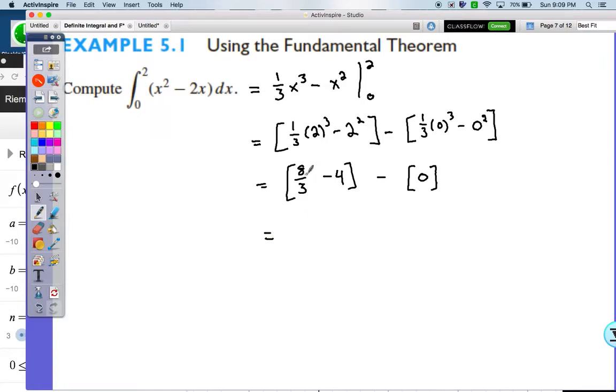So now we just finish it up. 8/3 minus 4, where 4 becomes 12/3, gives us a negative 4/3. So it turns out that most of this graph between 0 and 2 falls beneath the x-axis.